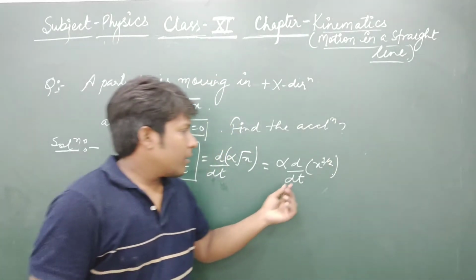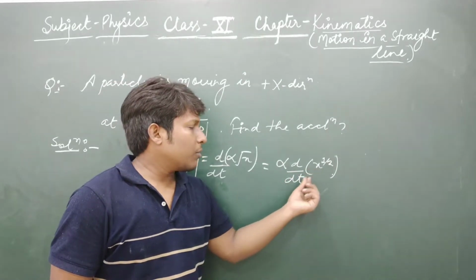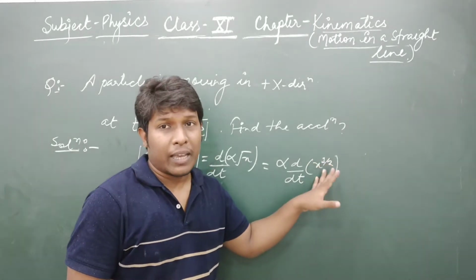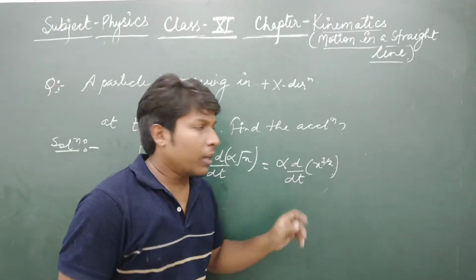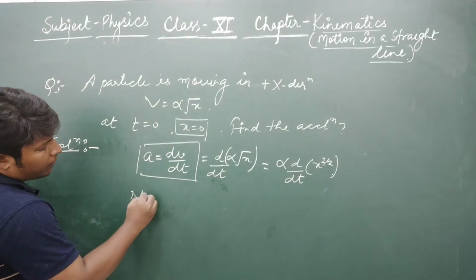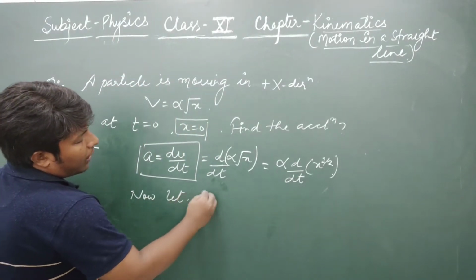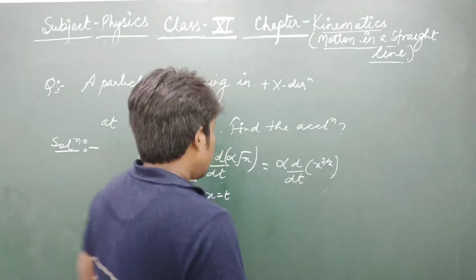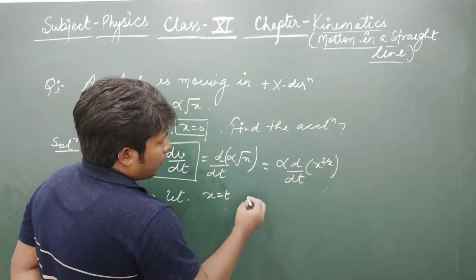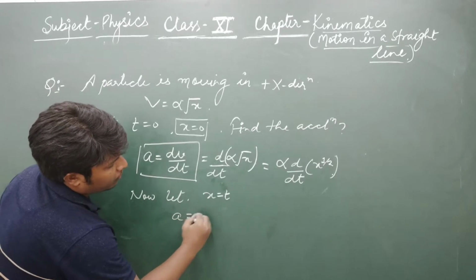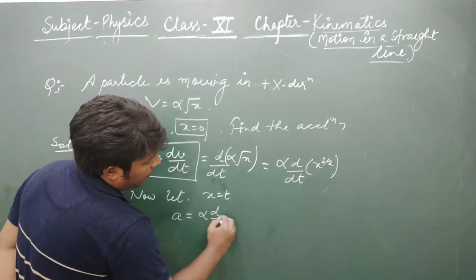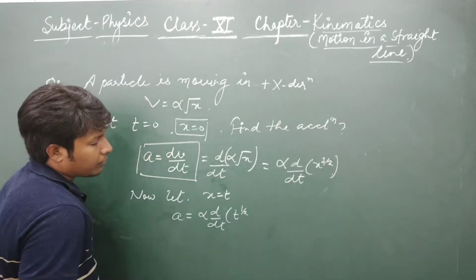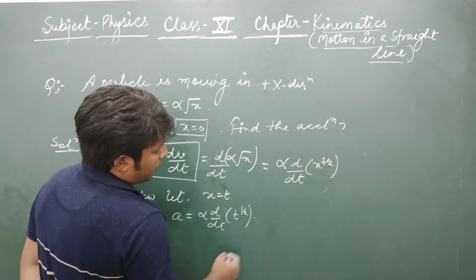Now we are differentiating this function with respect to time, but here it is not displacement x, it is x raised to the power half. So now you have the derivative method. Let x be equal to t. When x is equal to t, we have the acceleration equal to alpha d by dt of t raised to the power half, into dx by dt.